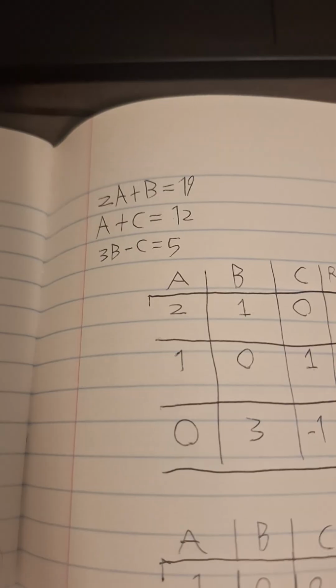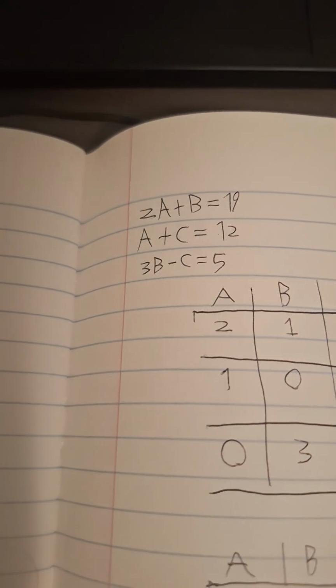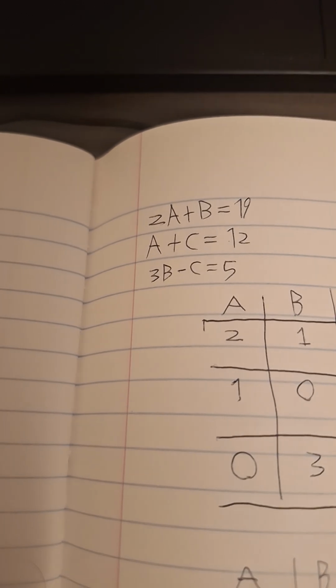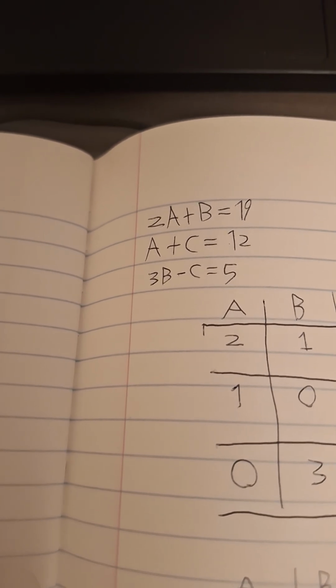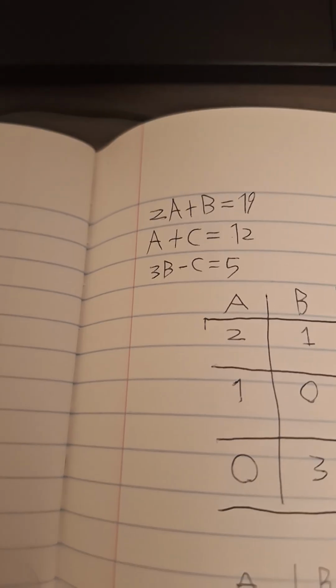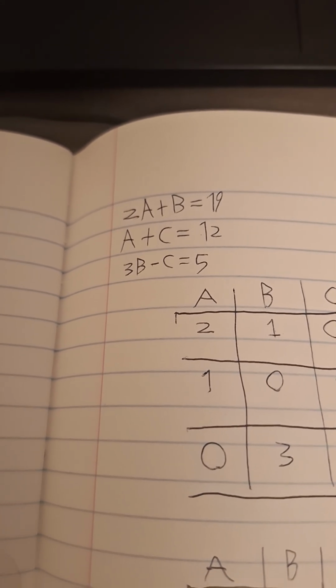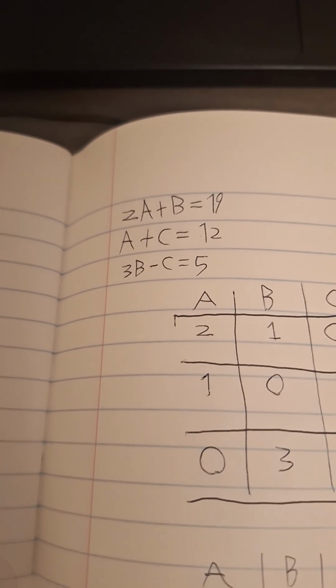A is 8, so 2 times 8 is 16, plus B, which is 3, is 19. A is 8, so 8 plus C, which is 4, is equal to 12. 3 times B is 9, and then C is 4, so 9 minus 4 is 5.